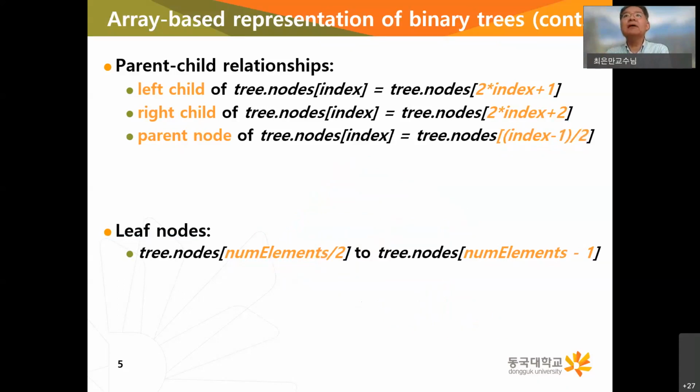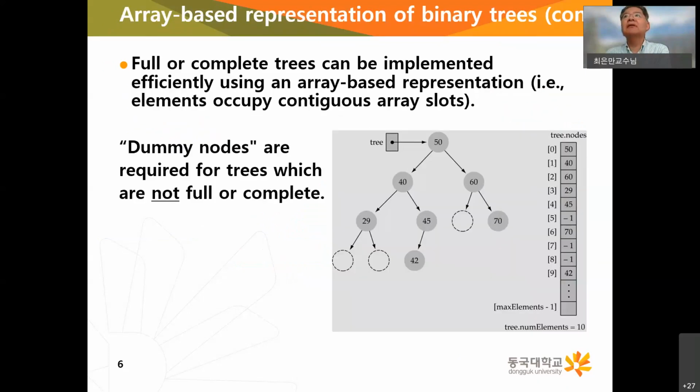Okay, next slide. Okay, so this is the summary for the array-based representation. So full or complete tree can be implemented efficiently using an array-based representation. I already mentioned this fact, right?